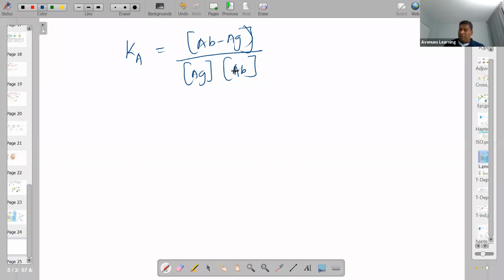So here this is what we call the affinity constant, Ka. These are molar concentrations of free antigens and antibodies.